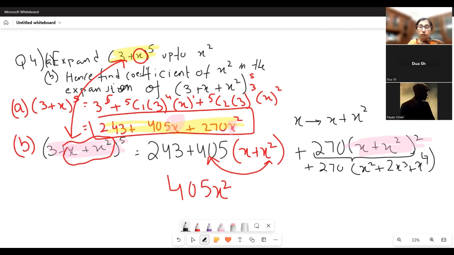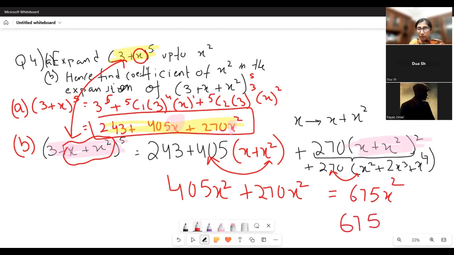But we only need the square term, so we're just going to use this, plus 270x squared. So what is 405 plus 270? That is 675x squared, which thank God is the correct answer. So 675 is the coefficient of x squared.